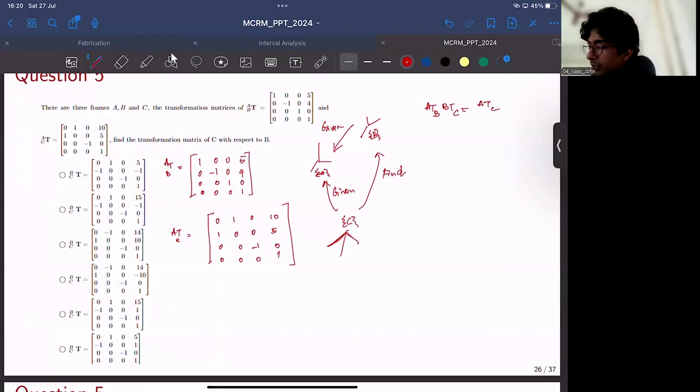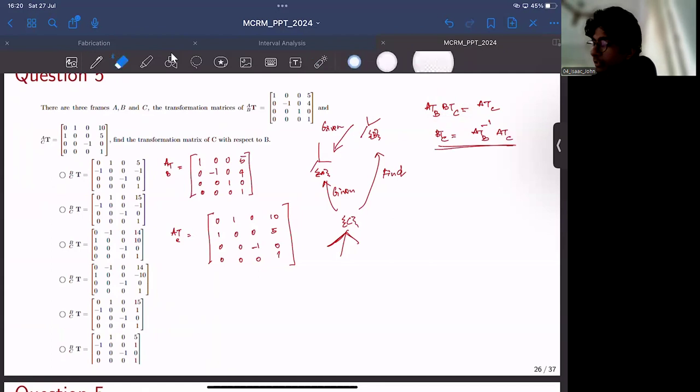If you cancel these terms, the question is to find out the transformation of C with respect to B. This is what we need to find out. So if you take this matrix to the other side, BTC would be nothing but ATB inverse times ATC. If you do this out, you can obtain the transformation of C with respect to B. And what is ATB inverse?